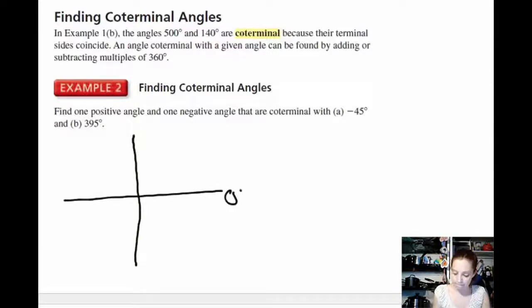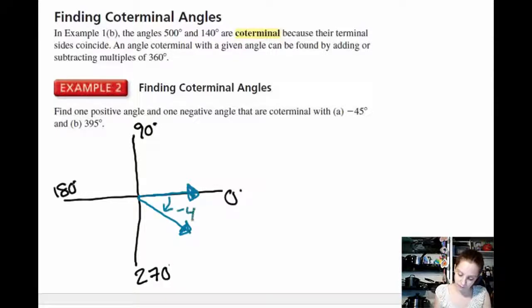So you don't need to do a drawing, but it helps me visualize what's going on. We have negative 45 degrees as the given angle. To find a positive angle that is coterminal, has the same terminal side, I am going to find out in purple what this angle is that goes around in the positive direction.